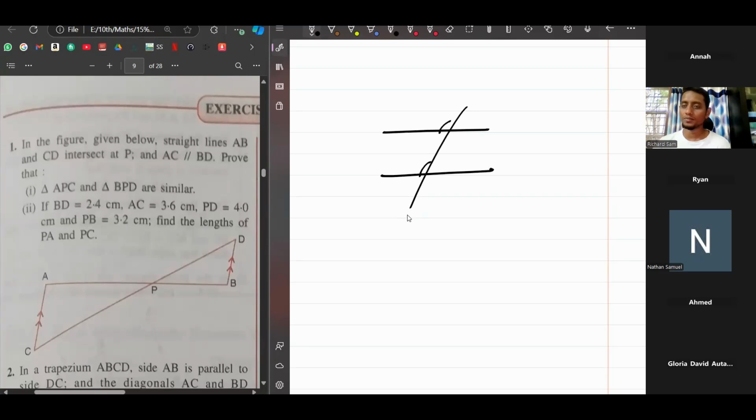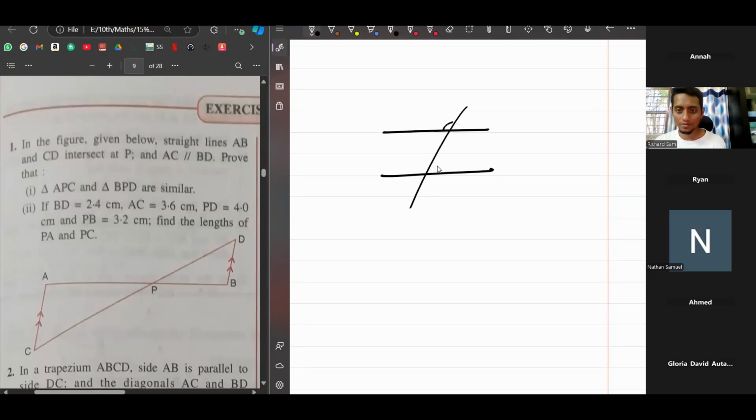Corresponding and equal. This class is for everyone, okay? Not only Yvonne and Beryl, even Leah also. Leah, tell me next now. Next three you have to tell me. What is this? Corresponding. Equal.